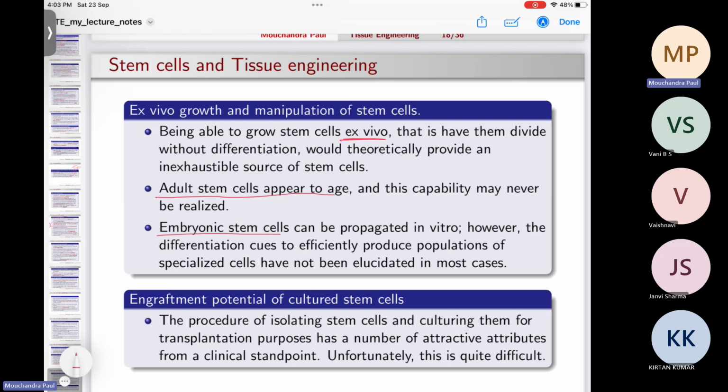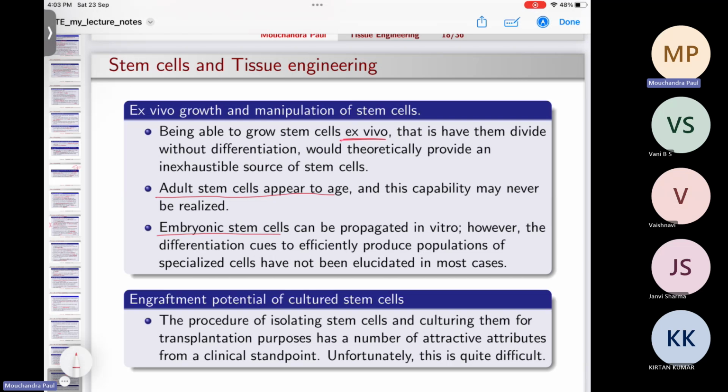It can happen randomly into a particular type of cell, and we may not be able to understand how it happened. So a lot of understanding is required when working with embryonic stem cells.